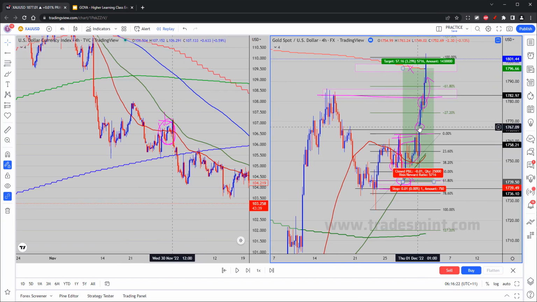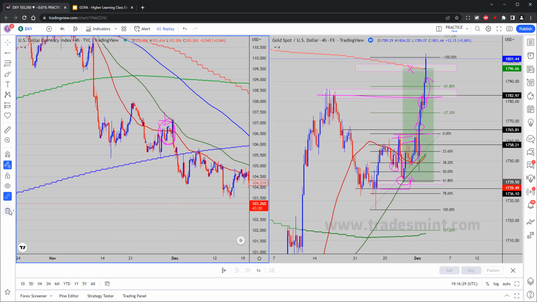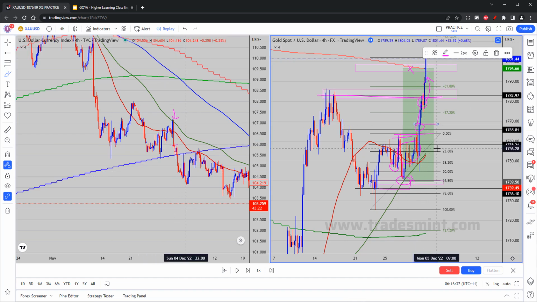And on this candlestick, when we broke the resistance at 1767, that was the big candlestick here on the DXY as well. Okay, that was this big candle, this one that closed here. So from the end of this candle, if I wanted to add another position, I could have done so right over here, put my stop loss to break even.